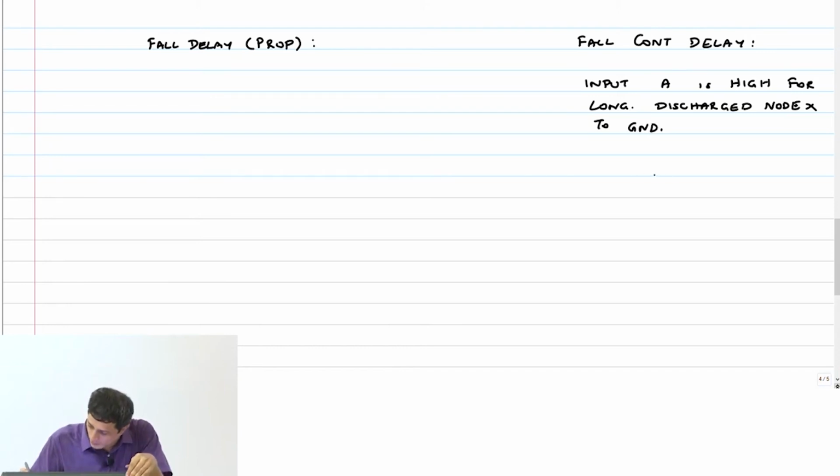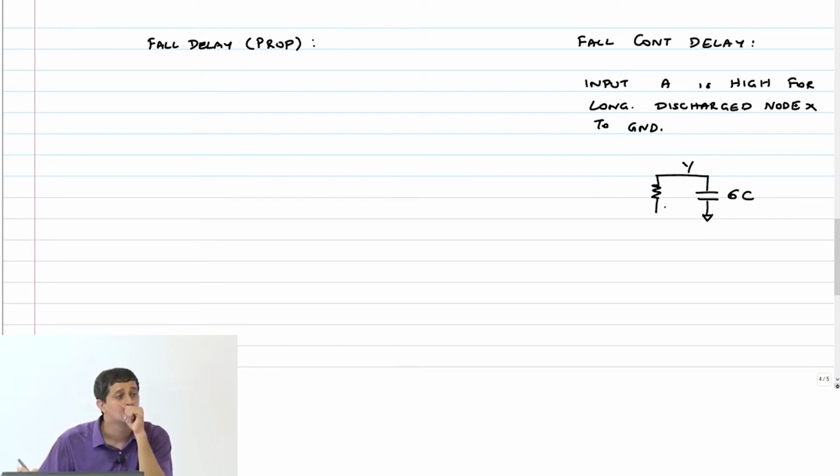Therefore, if you look at the equivalent RC circuit, you have the node Y with a capacitance of 6C. You have a resistance of how much? R by 2. NMOS size is 2, right?